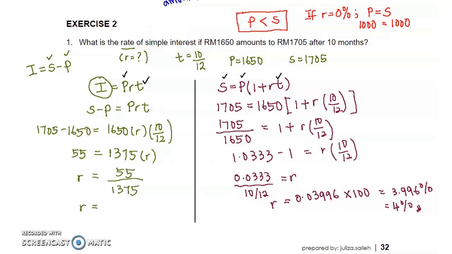So here R equals 0.04. Expressed in percentage, multiply by 100, so R equals 4%. In this case, you can use either the formula S equals P(1 plus RT) or I equals PRT. Both are acceptable. But for your answer, you just show using one formula only.